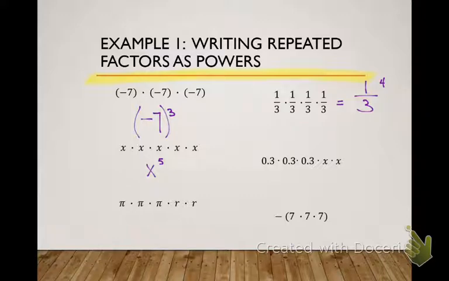All right, what do you notice that's different about the next one, moving across? You see what? Decimals and variables. So could I just raise it all to the 5th power? No, I can only work with the common bases. So 0.3 repeats how many times? 3. Okay. x repeats how many times? Twice.